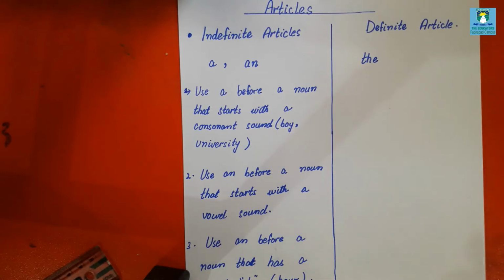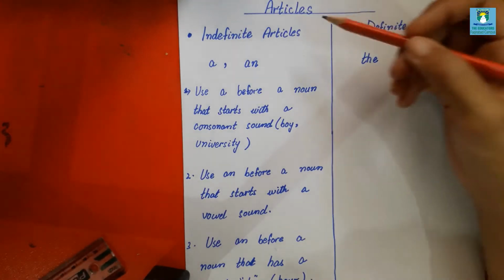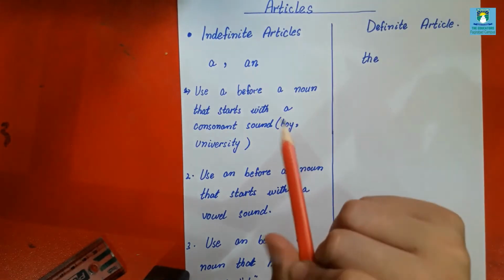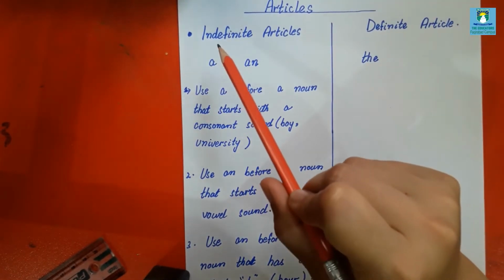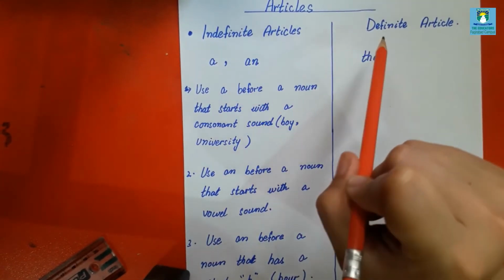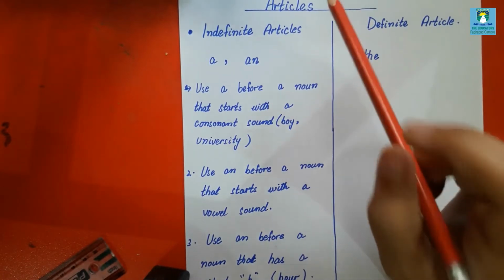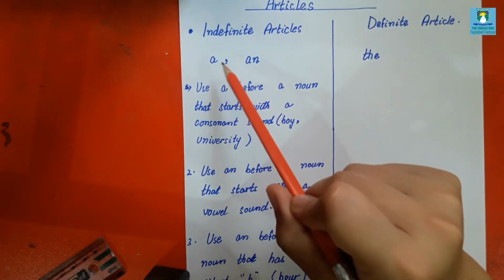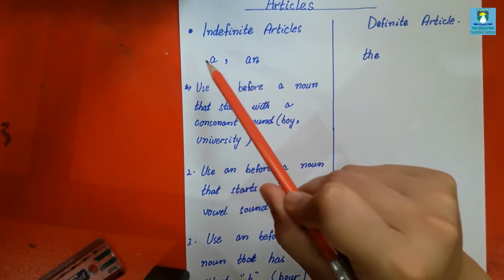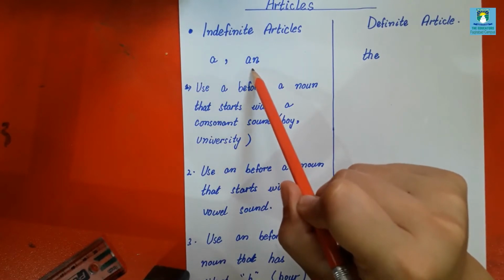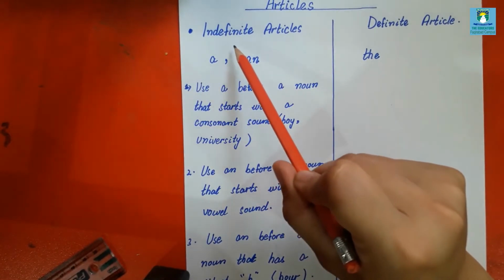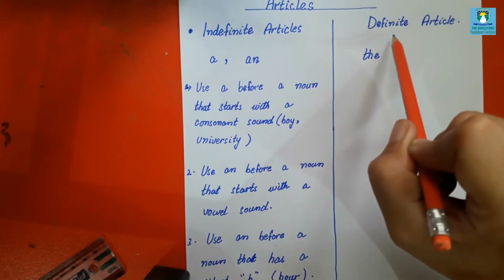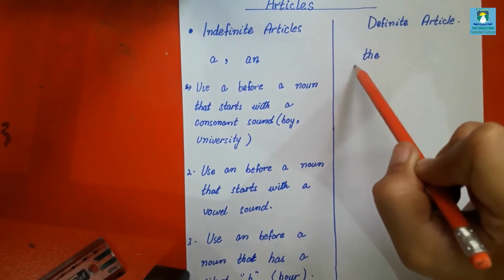Today we are going to study about articles. Okay? We have two types of articles. One is indefinite and the other is definite. In indefinite articles we have a and an. These are known as indefinite articles, and in definite articles we have the.